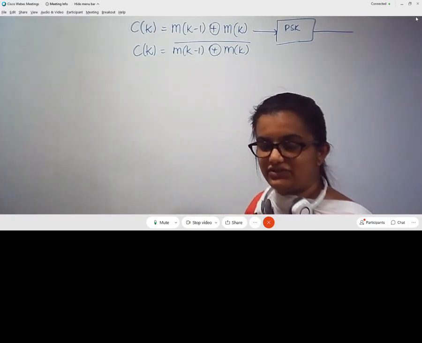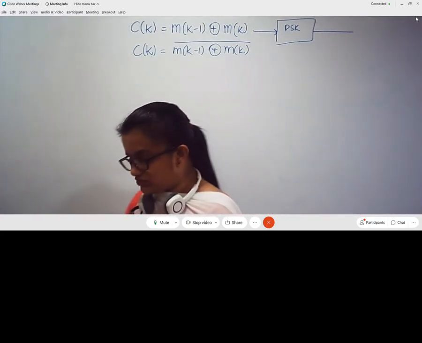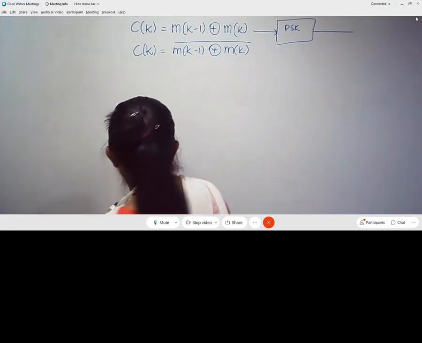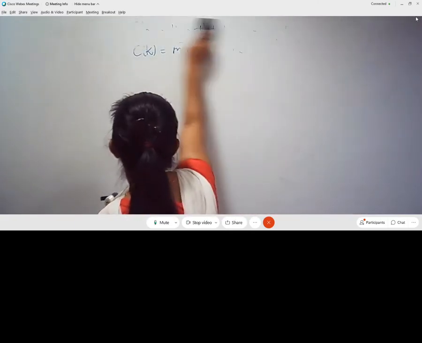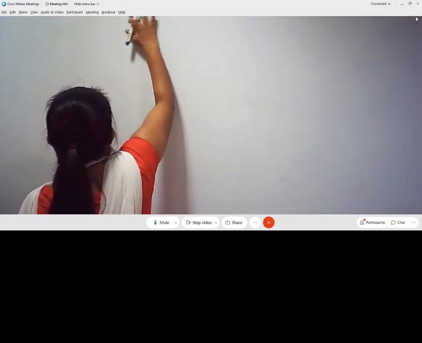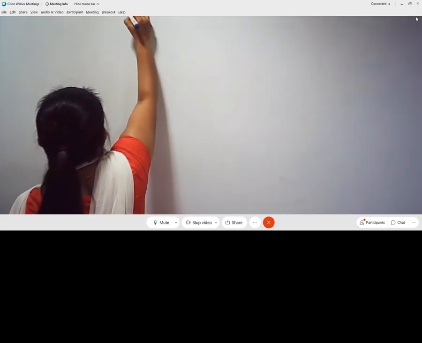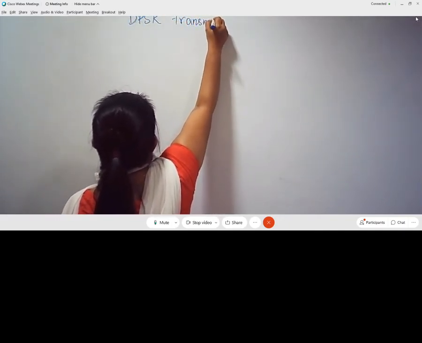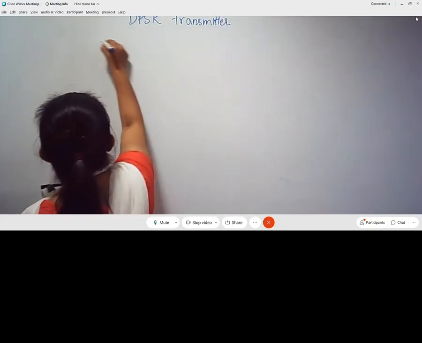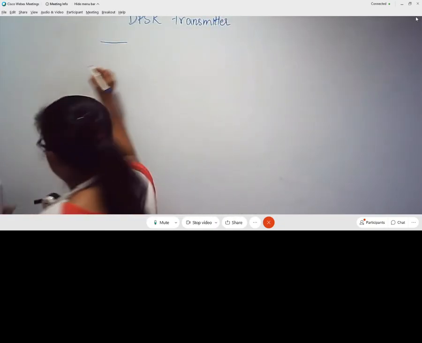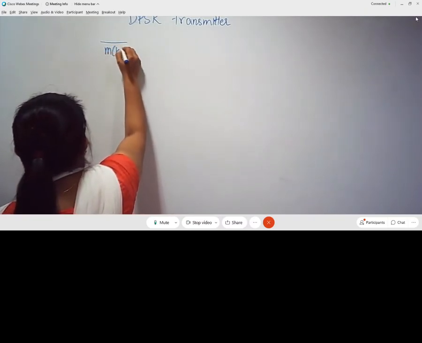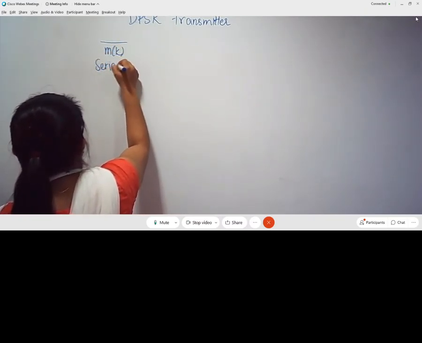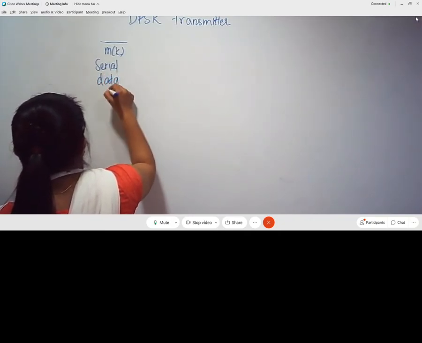On the received signal also you are going to do the same thing. So the structures that are used to do this process is, I am just going to write the transmitter and receiver. So the transmitter for DPSK system, DPSK transmitter, how it looks is, we are going to first have the message source M of K. We can also call this as serial data which is coming in, or the bit stream that is coming in.